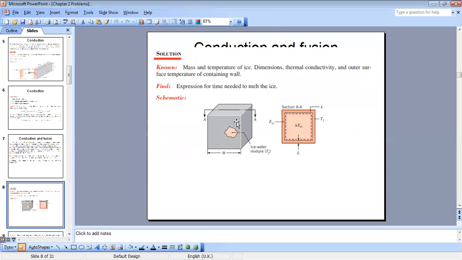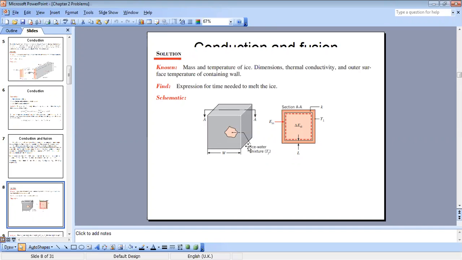We have a small part of ice that was formed inside the water. And what we don't want is to have ice remain in the water. So we want to heat it in order to transform it again to water, because this water will be needed to cool our car system. So what will happen here? This part of ice will be inserted in this cube.